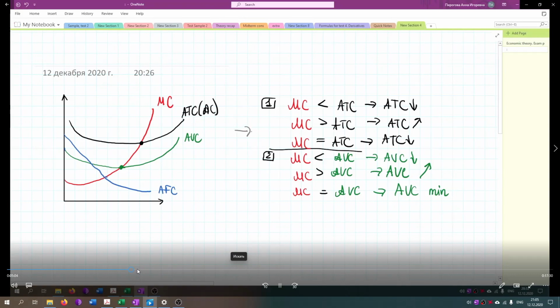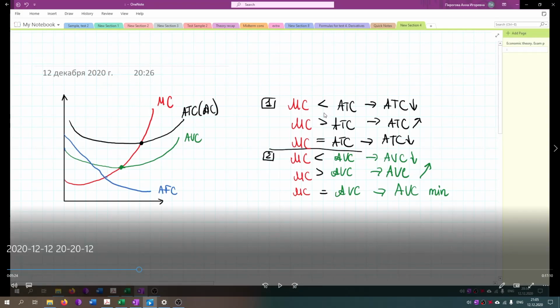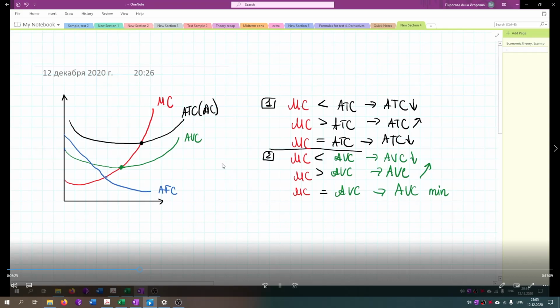So in the first case, when the marginal cost is less than average total cost, we need to look at the part of the graph where the graph of marginal cost is below the graph of the average total cost. So here are our curves, marginal cost and average total cost.